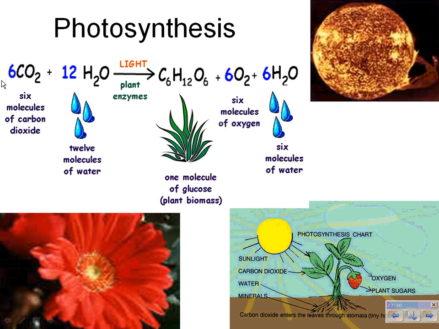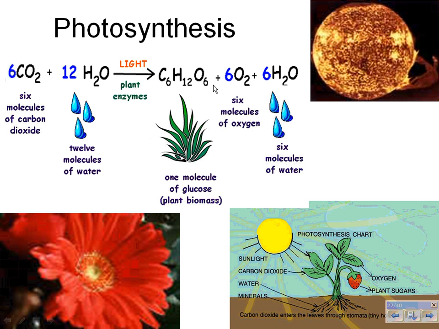For photosynthesis, we have 6 molecules of carbon dioxide, 12 molecules of water, and light. And then we have C6H12O6, our glucose molecule. This is our chemical energy.